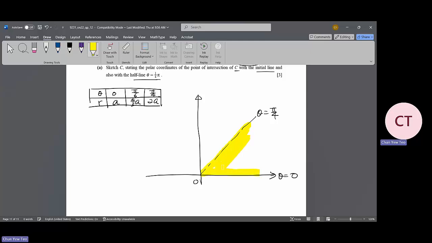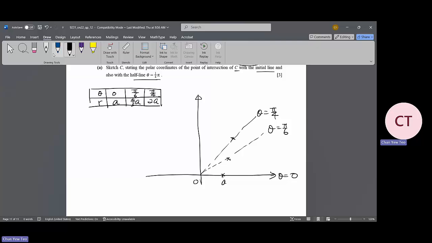Maybe we can add in one more 30 degree line here, theta equals pi over 6. So when theta is 0, r is a. When theta is pi over 4, it will be 2a somewhere here. Then in between, we can just plot it. It will be somewhere here.